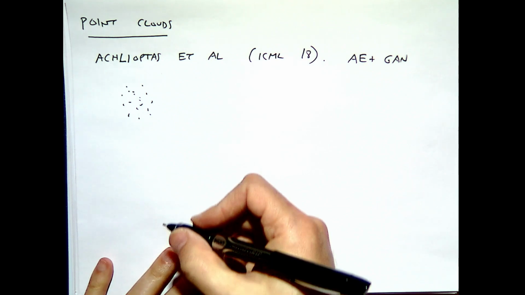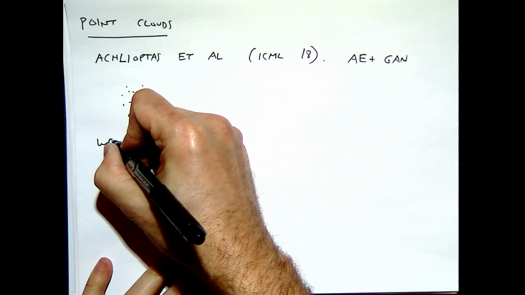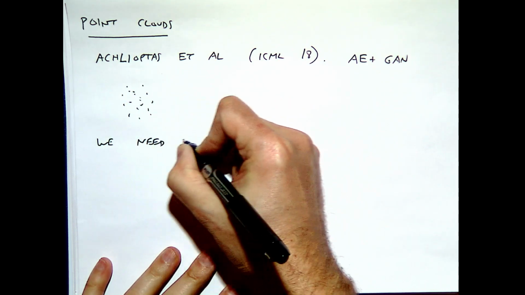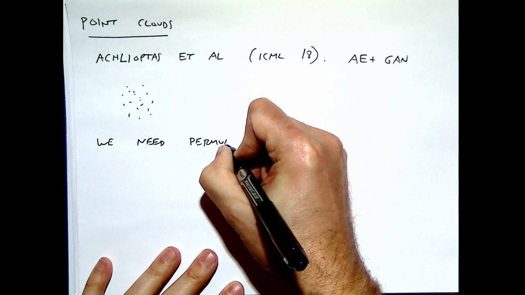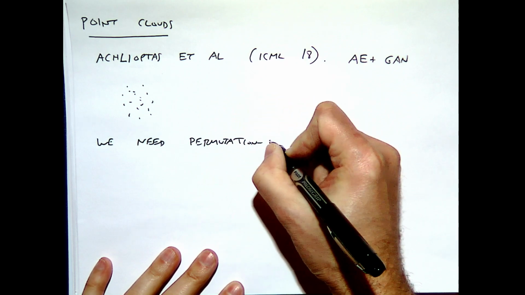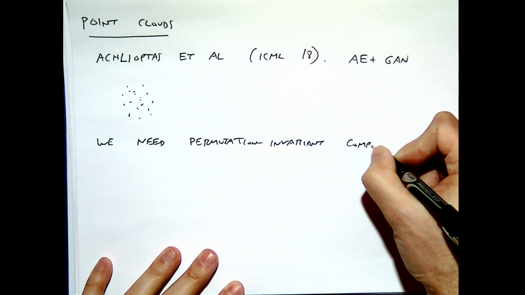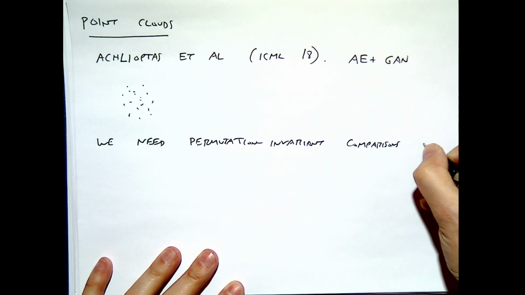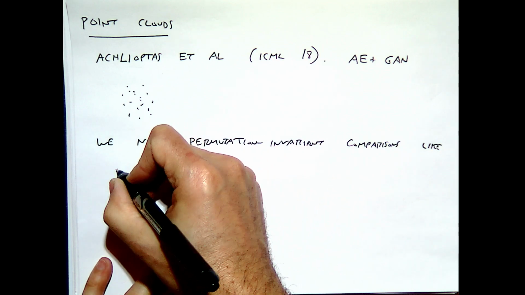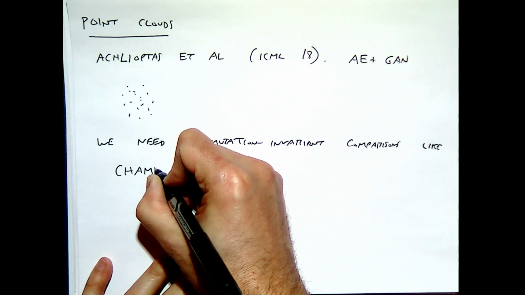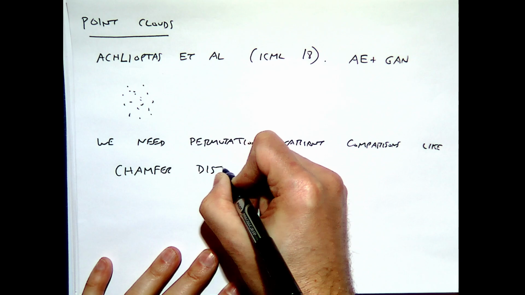And so just as a side note, we need things like permutation invariant comparison algorithms, like, for example, the Chamfer distance, which is something you'll see if you read point cloud papers.